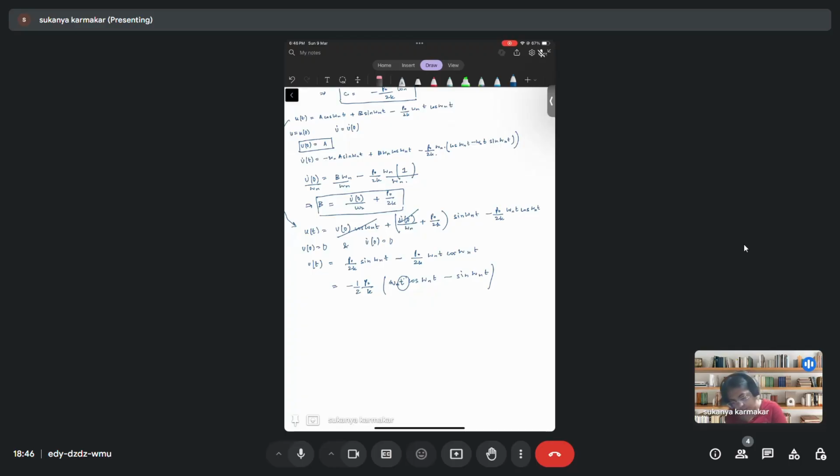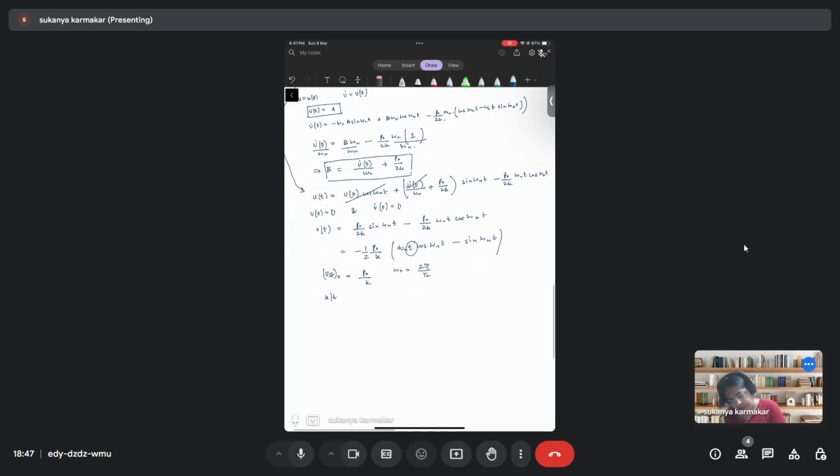We just told that u_st naught can be written as p naught by k. Let's use this fact and instead of omega n, let me write it as 2 pi by Tn, just to manipulate the equation.